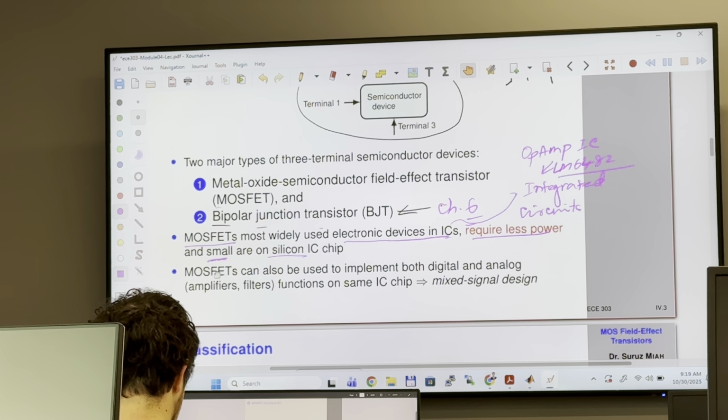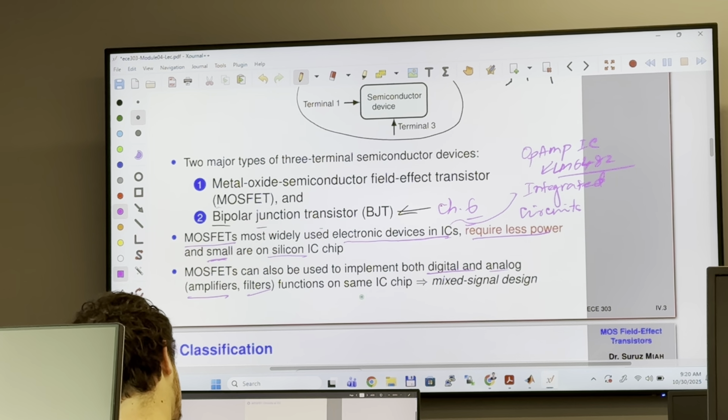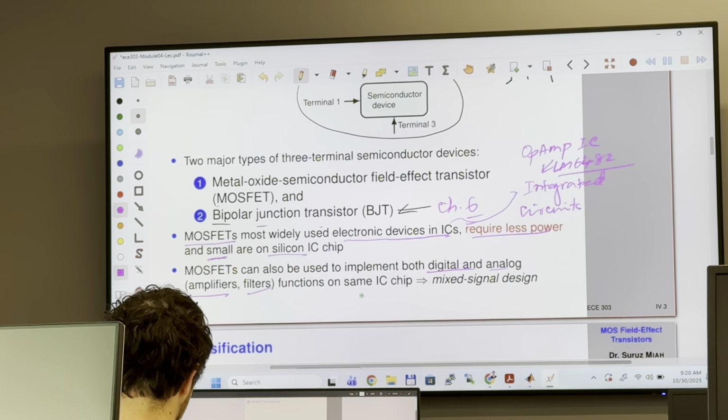can be used to implement both digital and analog functions. Analog functions, for example, amplifiers, filters. So these are analog functions. This MOSFET can be used to implement analog functions as well as digital functions, for example, logic inverter, memory, adder, subtractor.